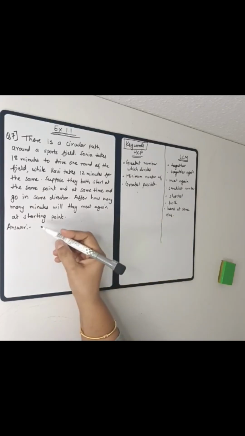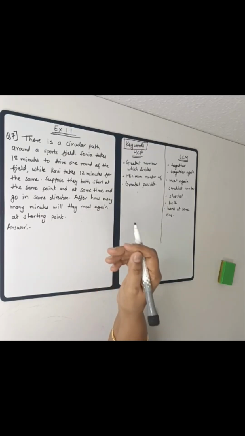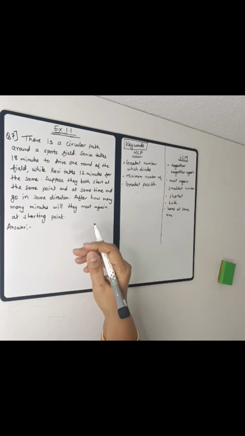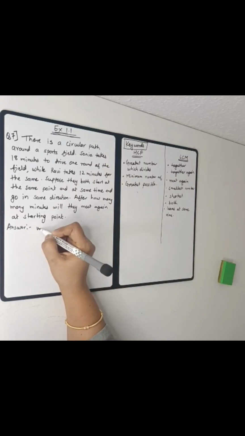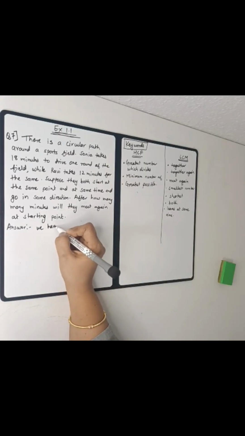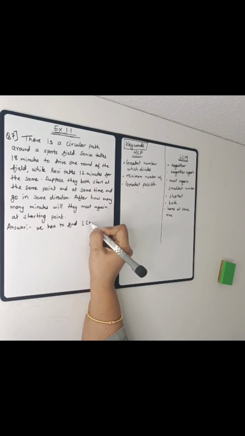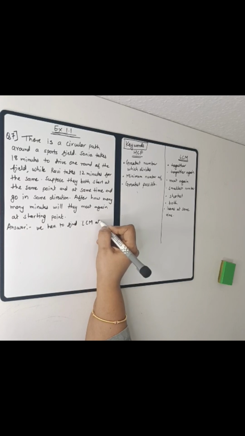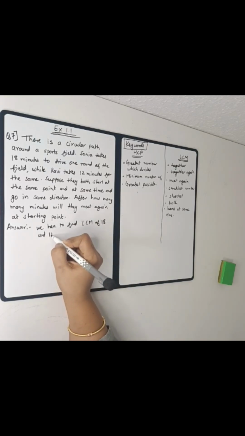So now we know that here we have to do LCM. If they start at the same point and have to meet again after some time, then we have to find the LCM of 18 minutes and 12 minutes.